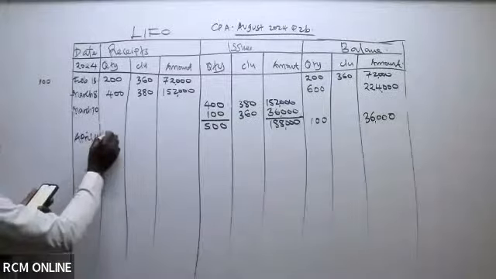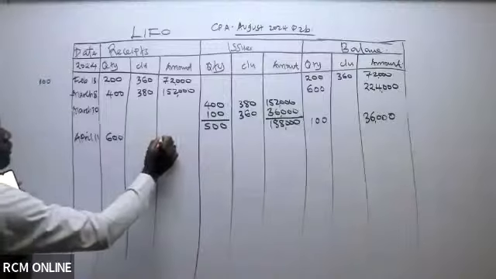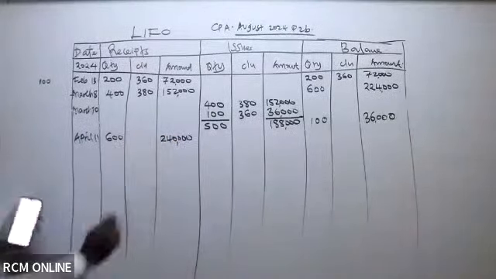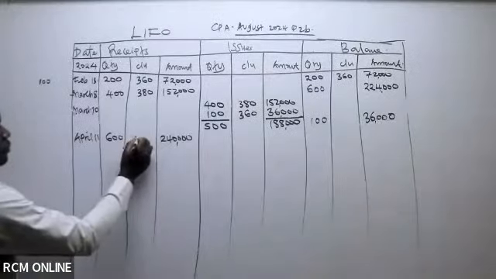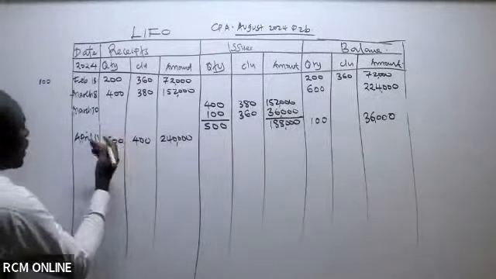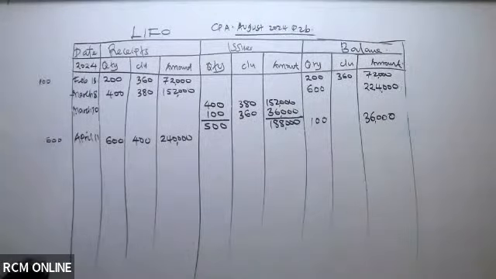They received 600 units whose value is 240,000. So what will we have here? Cost per unit? 400. 600 here. Good. I will also have this in my temporary space here. I've received 600 units, right?